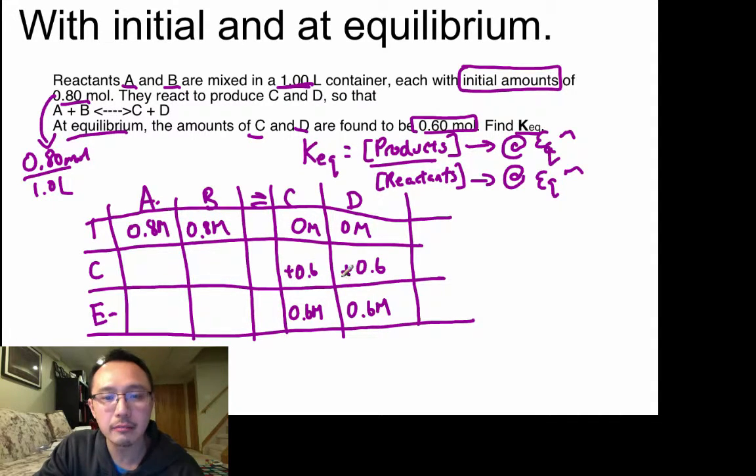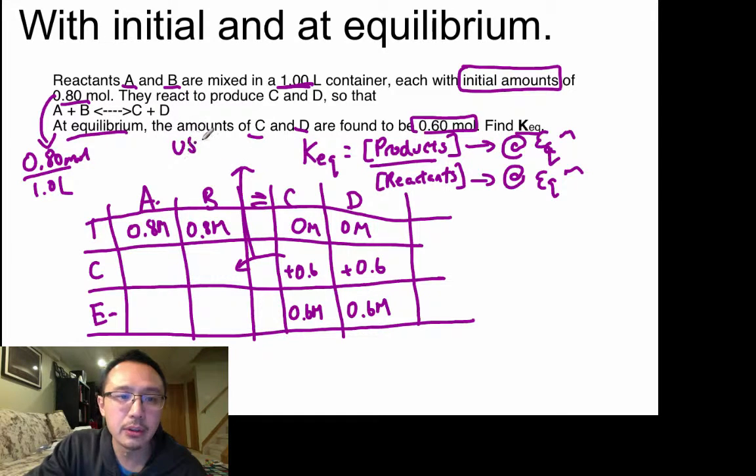It's positive because you're in the product, so your reactants reacted to gain more products, which is your positive sign. Then we have to calculate, if 0.6 got created for C and 0.6 got created for D, how is that for B and A? To calculate this, we need to use stoichiometry.